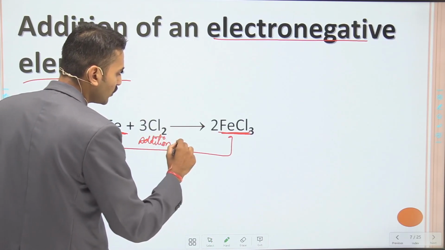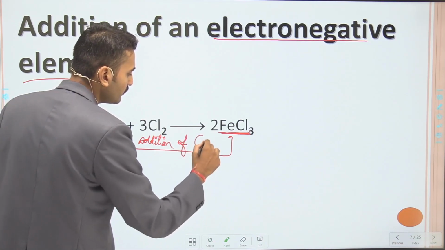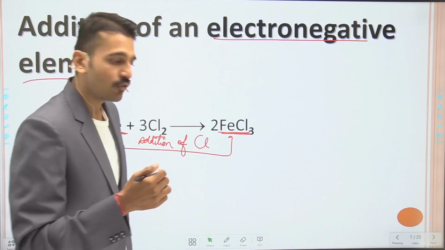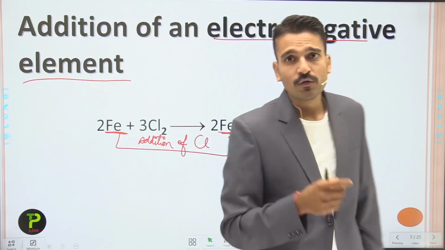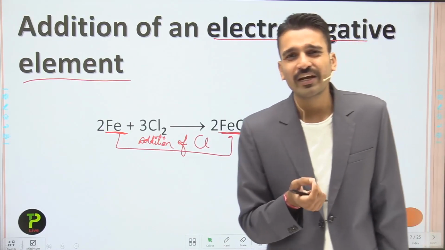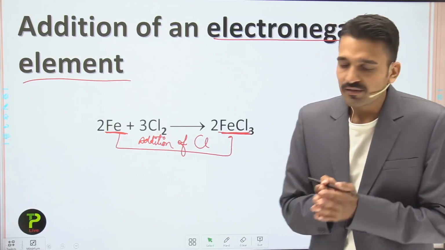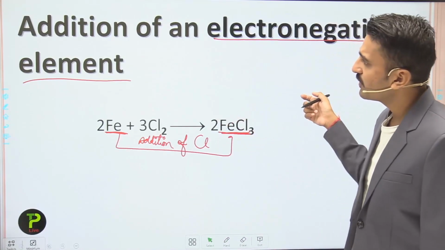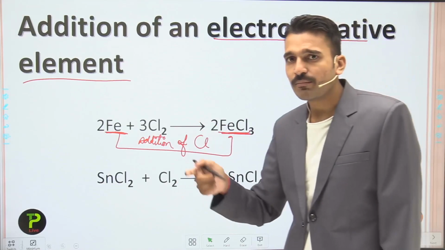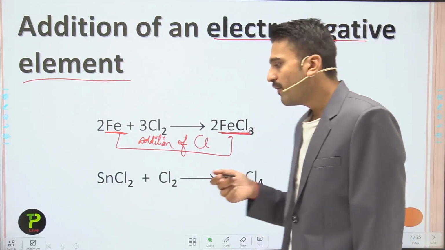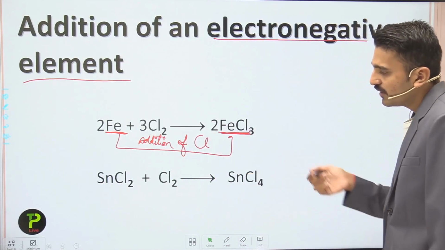Chlorine is an electronegative element because it forms the Cl minus anion. So this is also an example of an oxidation reaction.